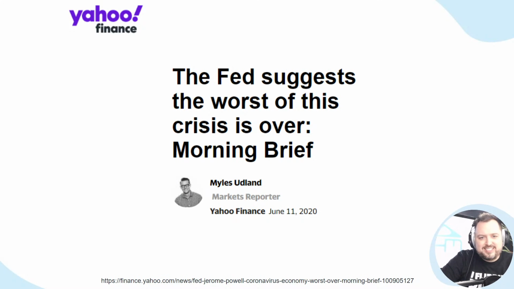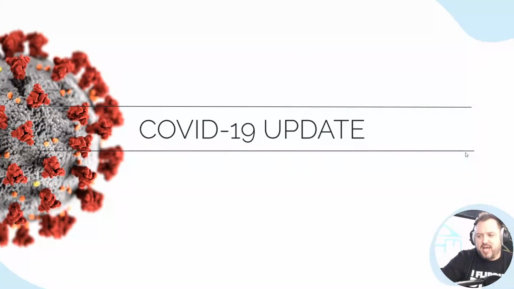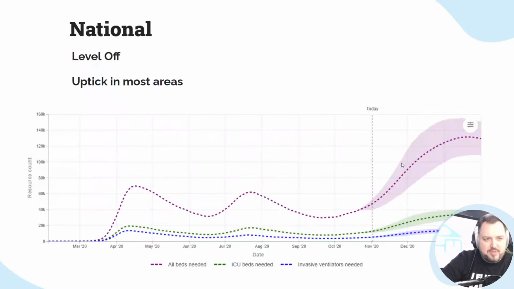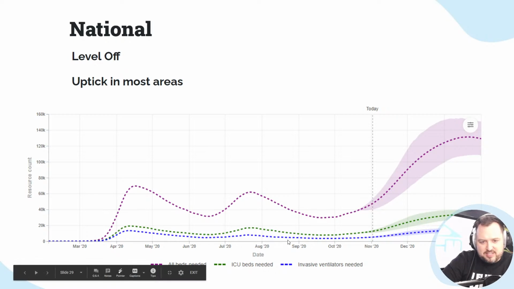The Fed suggests the worst of the crisis is over, according to Yahoo Finance. Let's give a little bit of a COVID-19 update as we fall into fall. I don't know if that's the right thing to say as we move into wintertime here. Nationally, we're seeing an uptick, guys. There's no doubt about it. This is how many beds are needed. This is ICU beds. This is ventilators that are going to be needed.